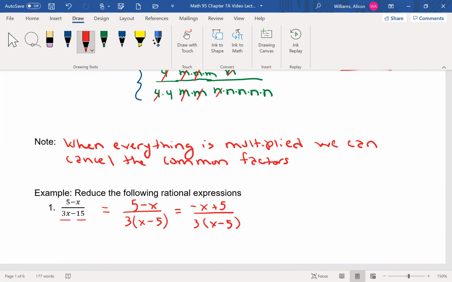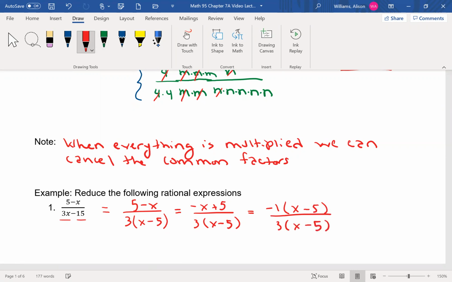The x is a negative and the 5 is a positive. But in the denominator, the x is a positive and the 5 is a negative. So the exact opposite, which means that I could factor out a -1. And what that would do is change the signs. That's going to give me a positive x and a -5.